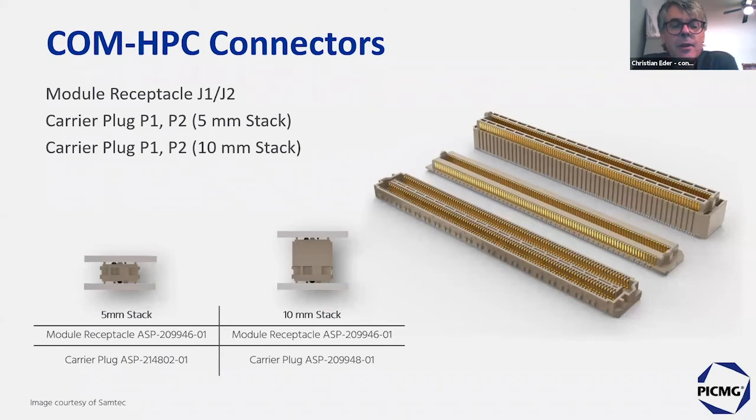With the 5 millimeters, there's not much space for components on the carrier board, but your whole system can be quite thin, quite flat. While with the 10 millimeter stack height, you have space to populate components underneath the shade of the COM-HPC module. So it's up to the application, up to the carrier board designers, to utilize one or the other connector.